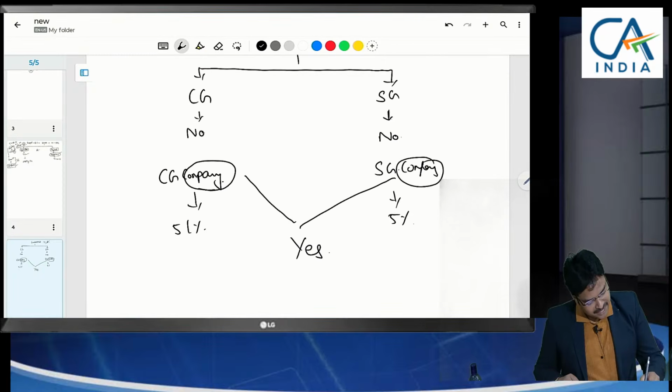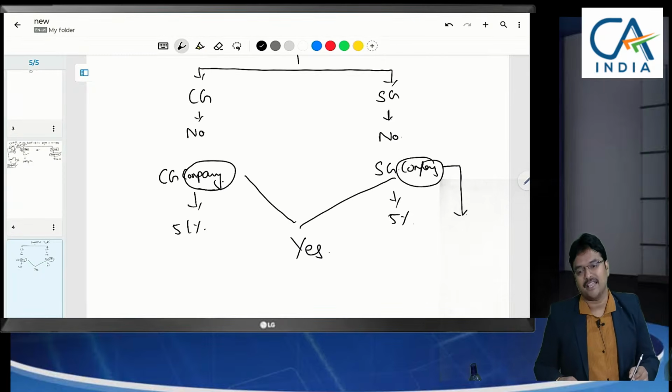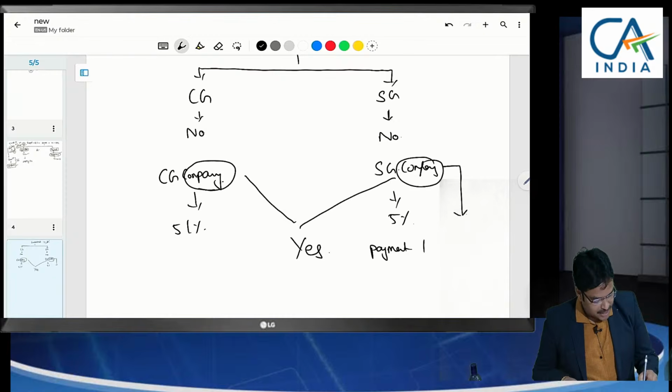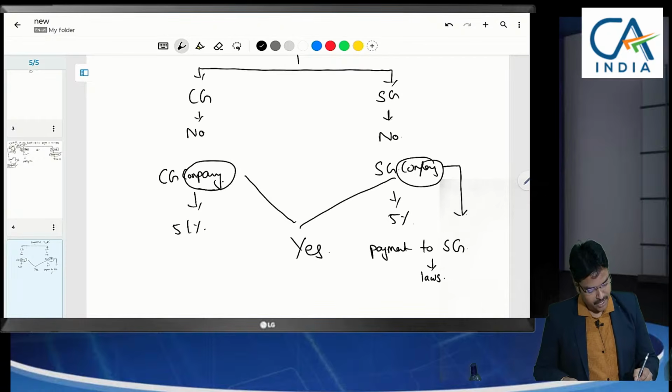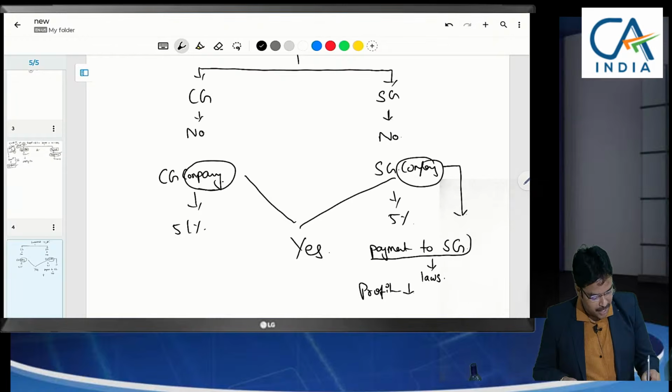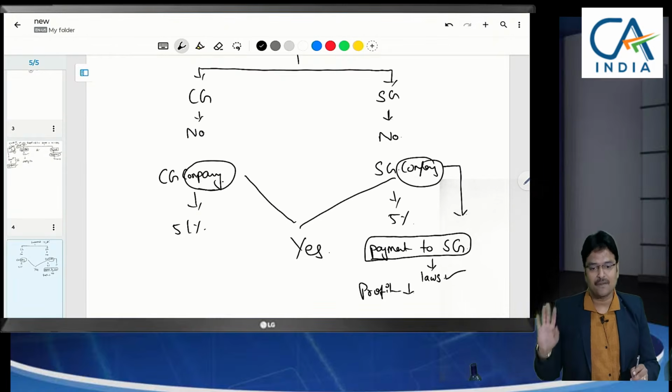Here, if there is any state government company, if it makes any payments to state government as per their state laws, here profit will be reduced to the government company because some payments were made to state governments as per law. You say license fee or something, whatever may be.